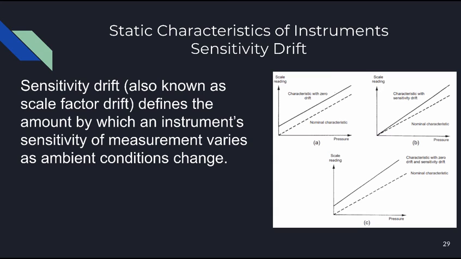Many components within an instrument are affected by environmental fluctuations such as temperature changes. For instance, the modulus of elasticity of a spring is temperature dependent. This figure shows what effect sensitivity drift can have on the output characteristics of an instrument. Sensitivity drift is measured in units of the form, in this case, angular degree per bar per degree C.